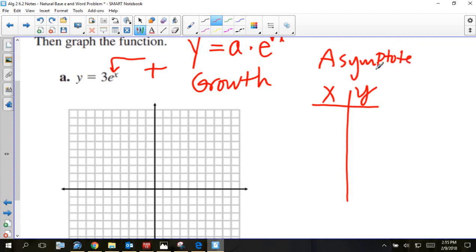So go ahead and type that in your calculator, and then I'm going to ask for ordered pairs that I can plot from you. And I'm going to ask you to find the asymptote. Where can you find ordered pairs? Table.